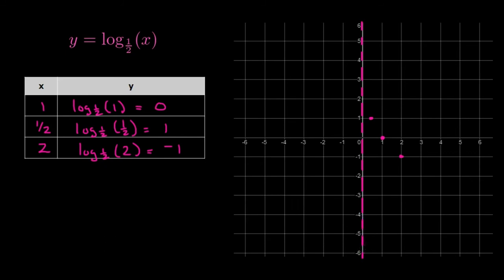Okay, so we still have a vertical asymptote. It's the y-axis, so we'll copy that down as well, even though that hasn't changed. The equation of that vertical asymptote, the y-axis, is x equals 0.